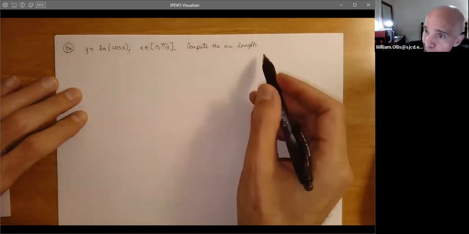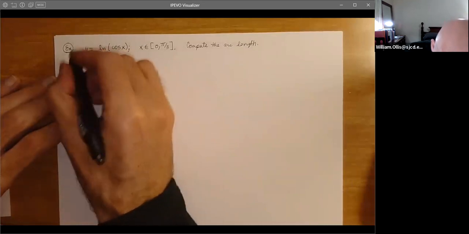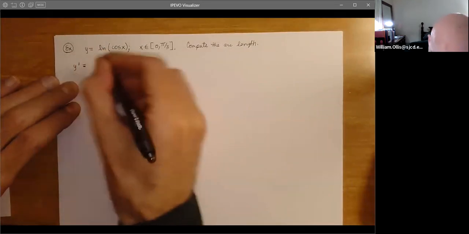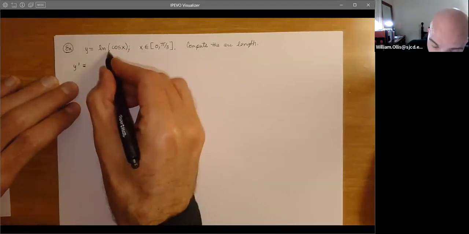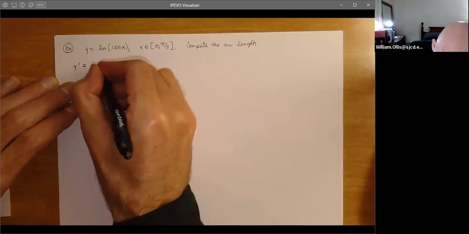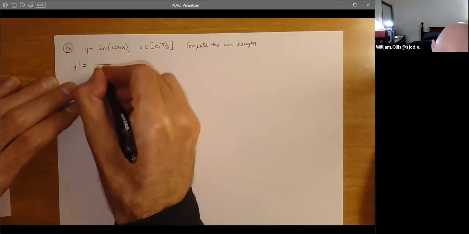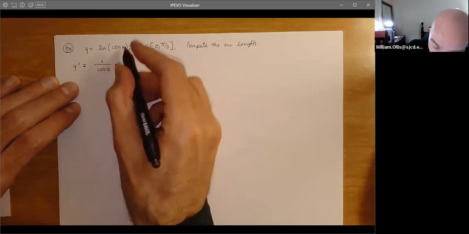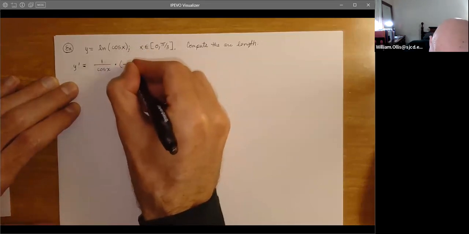So let's just break this down with the recipe. First, we want to look at y prime. So remember, when we compute the derivative of a log function, we reciprocate the argument. So that means we reciprocate cosine. And then we multiply by the derivative of the argument, which is negative sine.